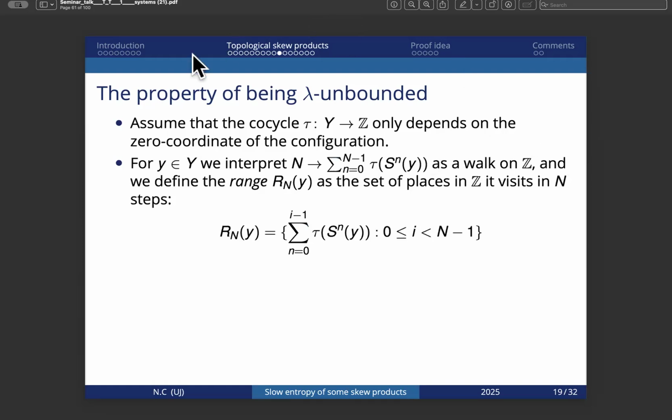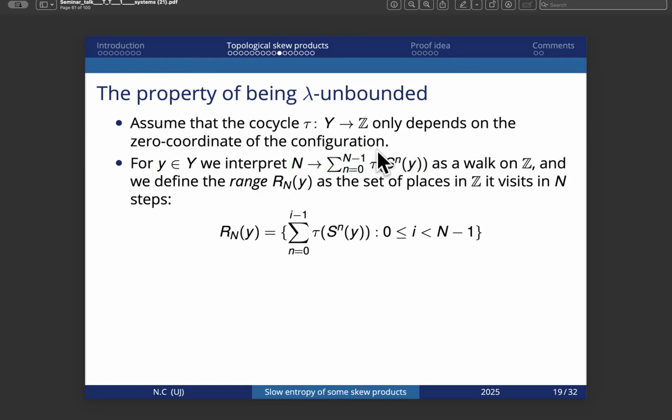So for a configuration little y in the subshift Y, we have these ergodic sums, and we interpret these sums as a walk on the integers. So at each step, our walking entity computes the value of tau somewhere, and that may be +1 or -1, and that determines a step in some direction, right?